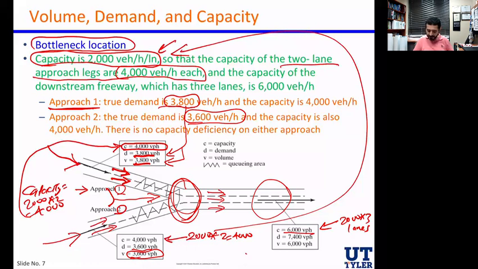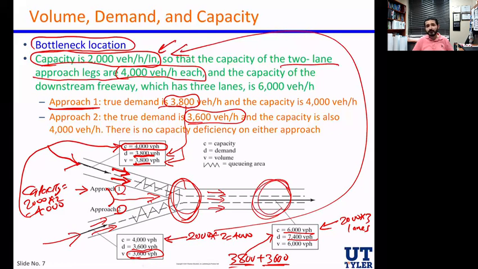The demand is the summation of both approaches, which is 3,800 plus 3,600. 3,800 is coming from approach 1 and 3,600 from approach 2. The summation is 7,400 vehicles per hour wishing to go through this highway right here.